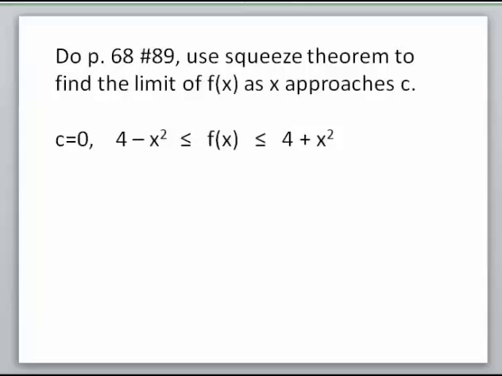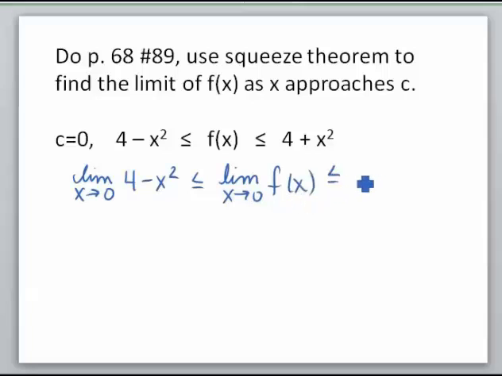So what we're going to do is use the squeeze theorem to find the limit as x approaches c. C happens to be 0 in this problem. So I'm going to write the limit as x approaches 0 of this first function, less than or equal to the limit as x approaches 0 of f of x. So all I'm doing is putting the limit as x approaches 0 in front of each part of these, because that's what I'm doing with the squeeze theorem. Then I'm going to just use direct substitution.